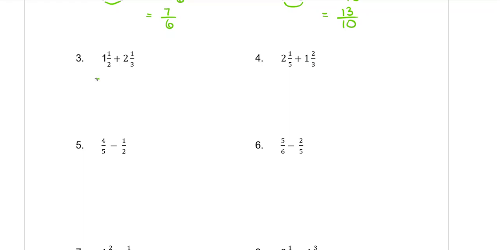So to remember how to do that, for the first fraction, the number on the bottom stays on the bottom. So there's a 2 is going to stay on the bottom. Then I am going to multiply the 2 with the 1 and then add the extra 1 on the top. So I'm multiplying these and then adding the 1. So 2 times 1 is 2, plus 1 is 3.